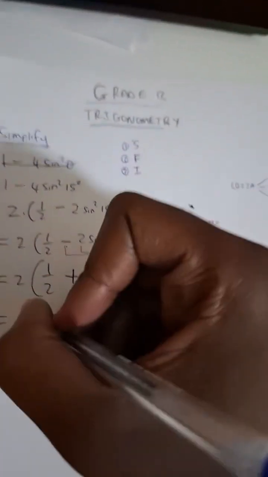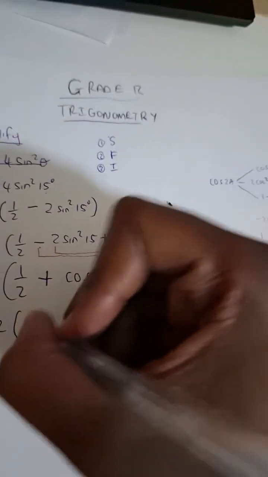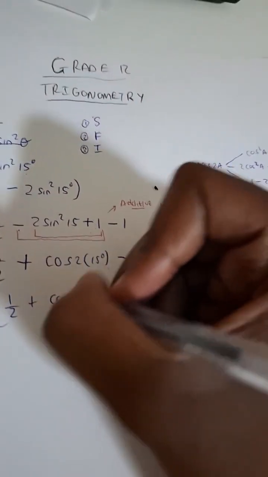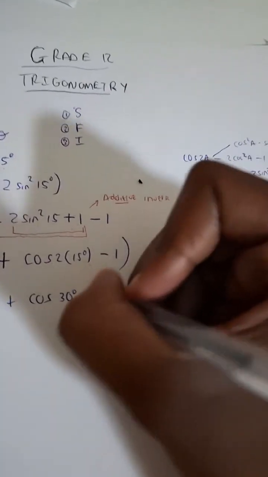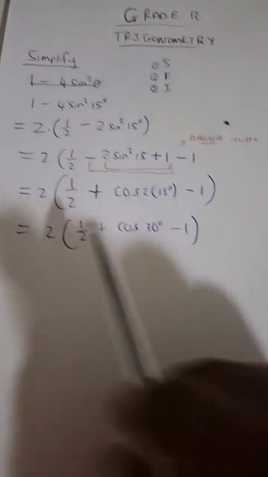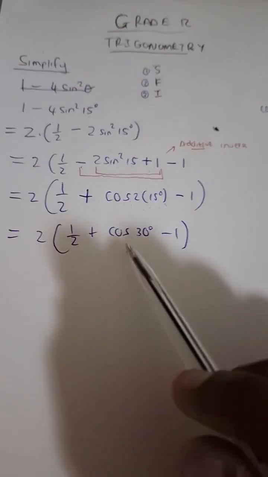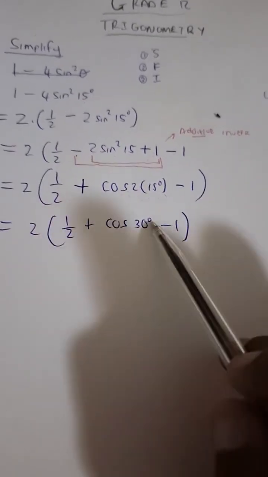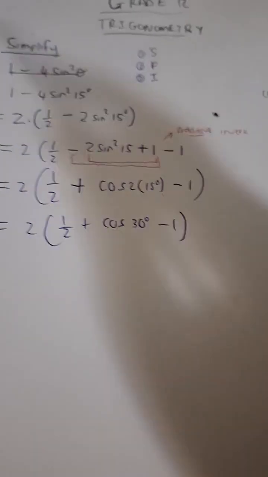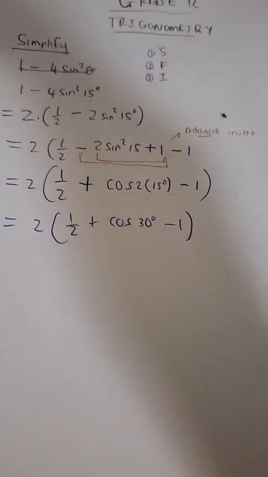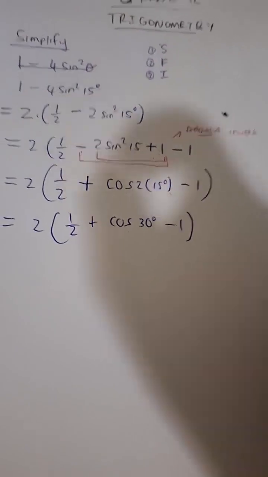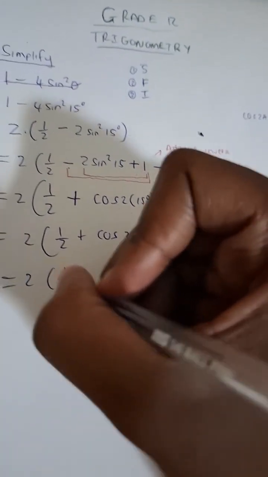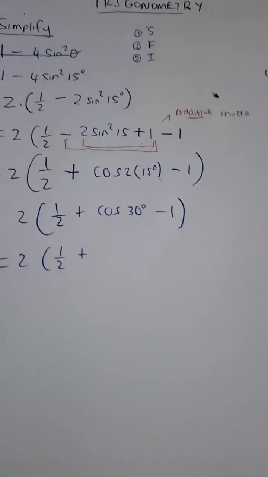Okay, so let's continue. Then we have 2 into, that's half. Then the plus cos 2 times 15 is 30 degrees, minus 1. Now you can take what we have here and utilize your calculator to express the cos 30 as an actual numerical value. So 2 into the half plus, what's cos 30, guys?